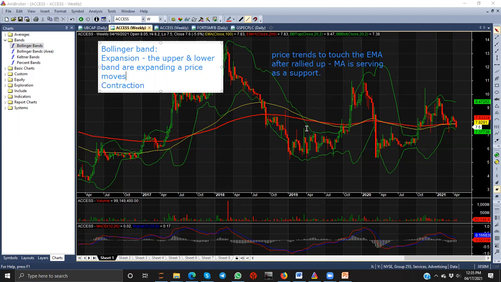We then got to a point where both of them were staying around the same level. They were not going down at the same time, but instead they were contracting. I hope you get that. Yes, good.